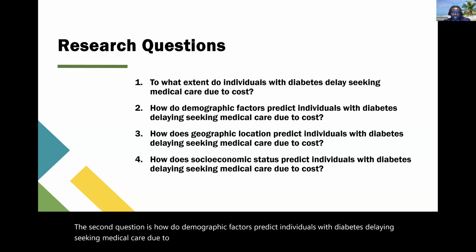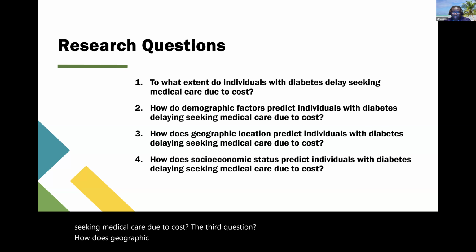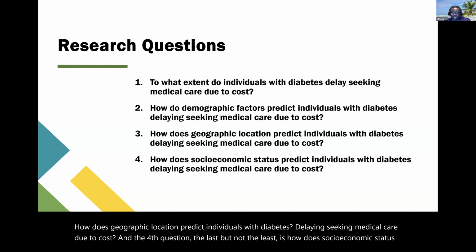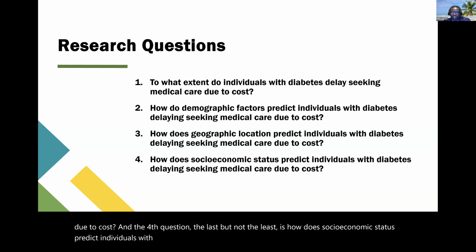The third question, how does geographic location predict individuals with diabetes delaying seeking medical care due to cost? And the fourth question, the last but not the least, is how does socioeconomic status predict individuals with diabetes delaying seeking medical care due to cost?